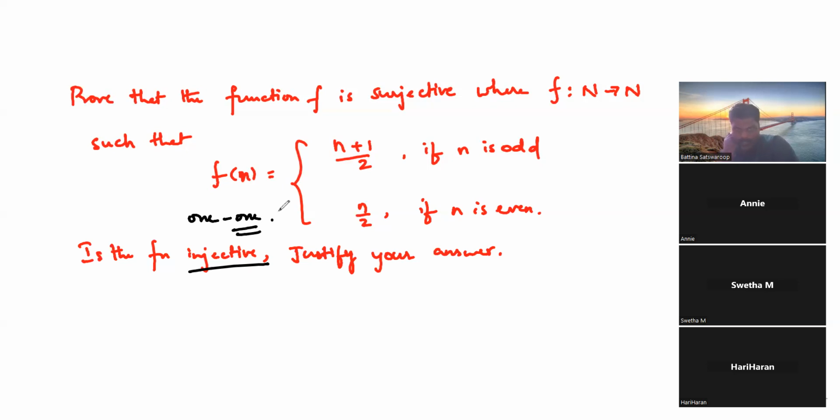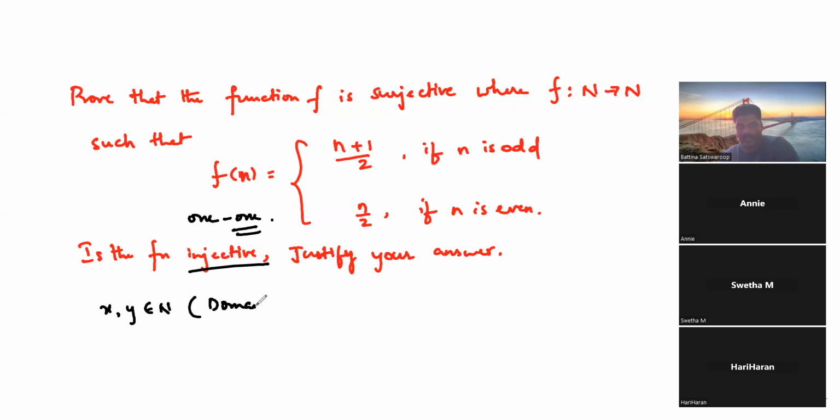Right. So the function is between natural numbers. F of n is equals to n plus 1 by 2 if n is odd and n by 2 if n is even. Okay. First case we will take, sir. Already they have given that x comma y belongs to N.